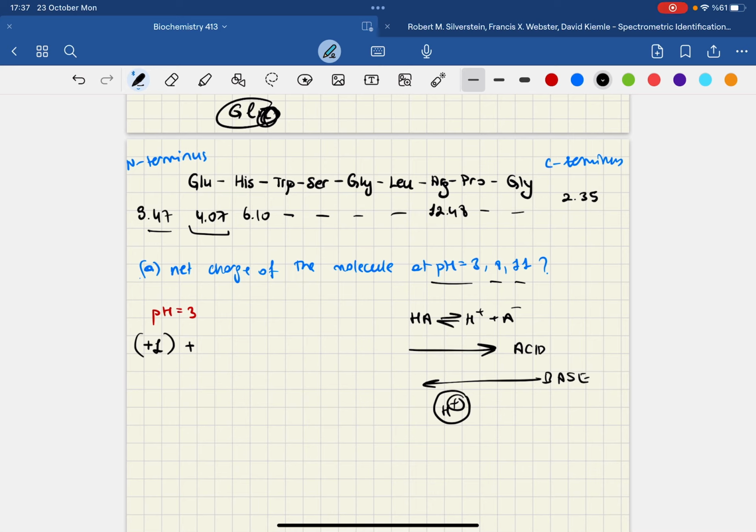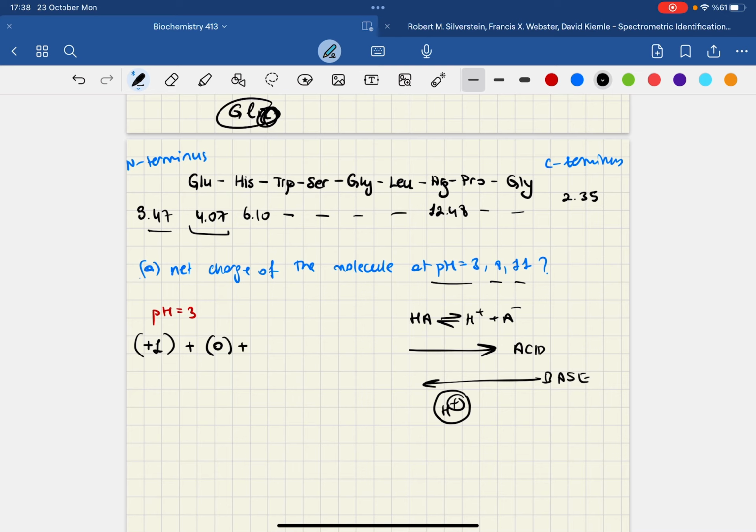No, because the medium itself is already so acidic that it won't allow glutamic acid to give out its proton. Therefore, glutamic acid won't be able to deprotonate. However, will it protonate? Of course not, as this is an acid. We cannot add any proton to it. Therefore, we can basically say that its charge will be 0.